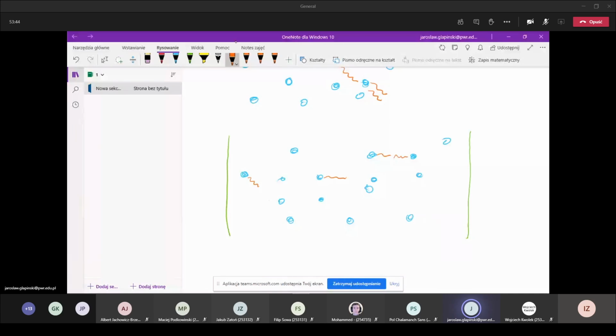It goes further, so two of them will reach the mirror, and they go back. And they can find, for example, this atom. So we've got three of them.